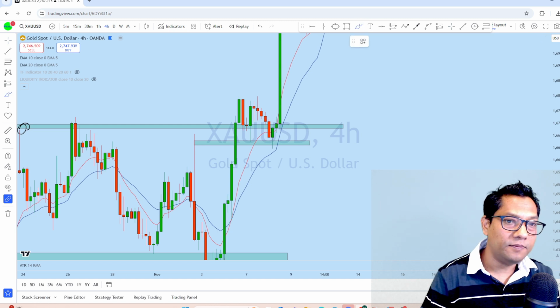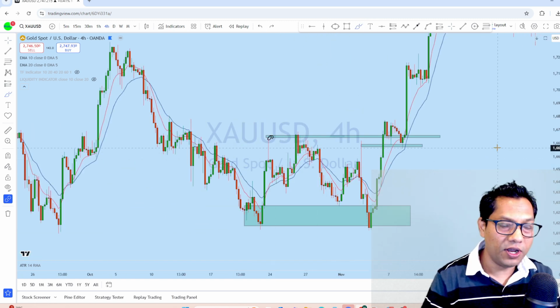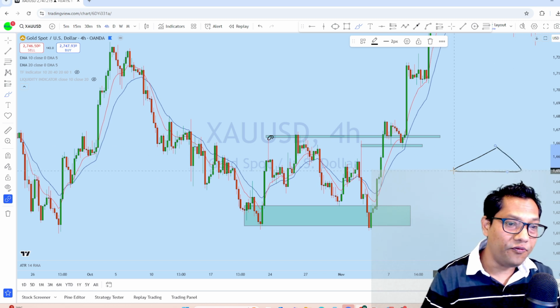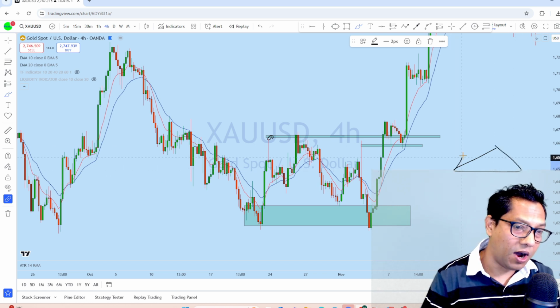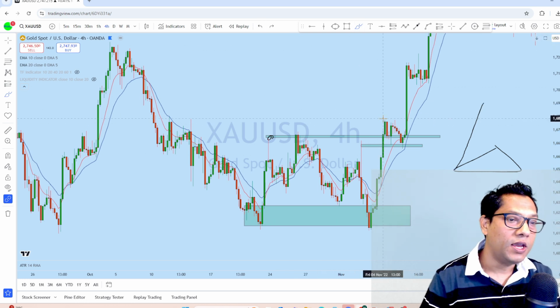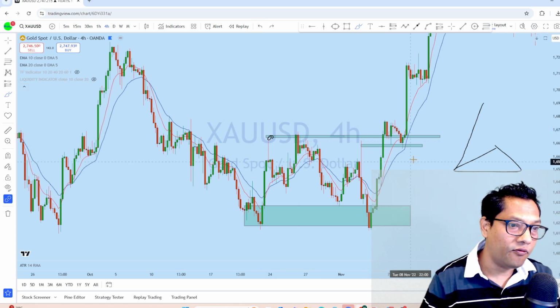So we found the foundation of the pyramid, and then we found the market structure, which is a strong breakout, the first side of the pyramid, and we found that the market has broken from the structure.